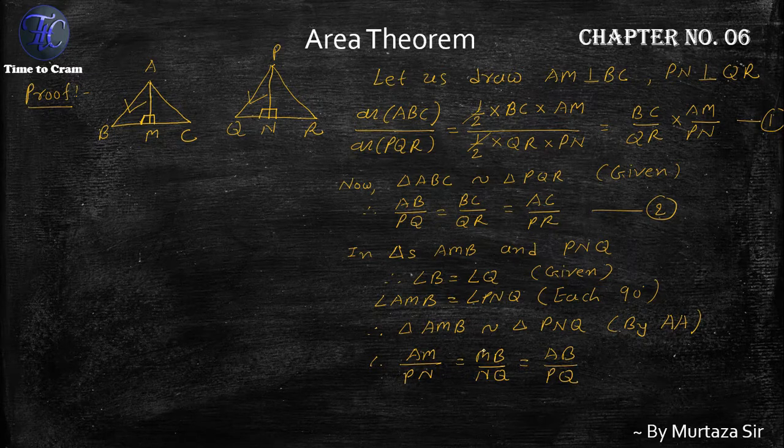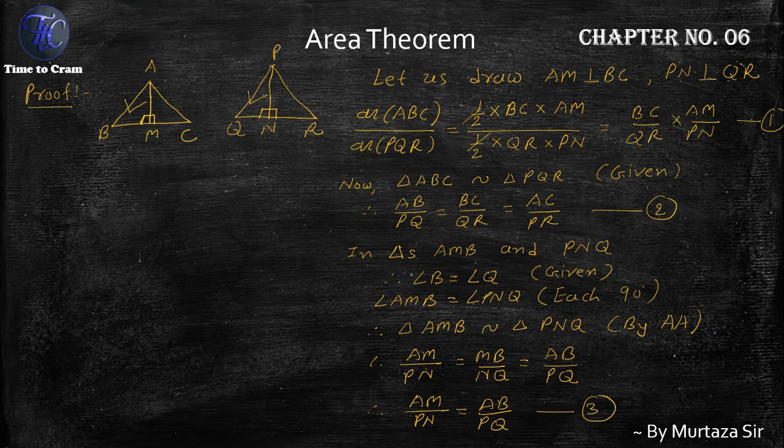Look students, MB upon NQ we don't need here, so we are removing it, because we need AM upon PN equal to AB upon PQ. So we continue with only that: AM upon PN is equal to AB upon PQ. This is our result number 3. So three important results we have obtained.